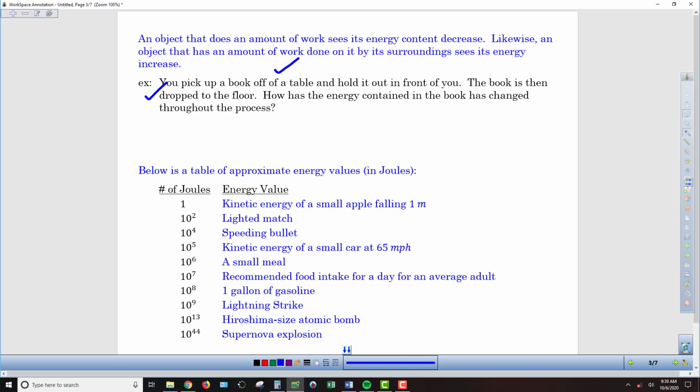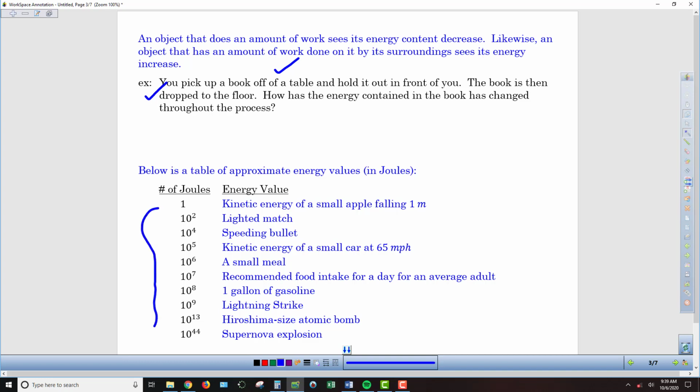Then that kinetic energy hits the ground, and so now that energy is dissipated because it doesn't just disappear. We don't have the potential energy anymore, we don't have the kinetic energy, but between the increased vibrations of the molecules inside of it in the form of heat, or the vibrations in the ground, or the sound wave that's generated from the book hitting the floor, we have a whole variety of different energy forms that end up in our process.